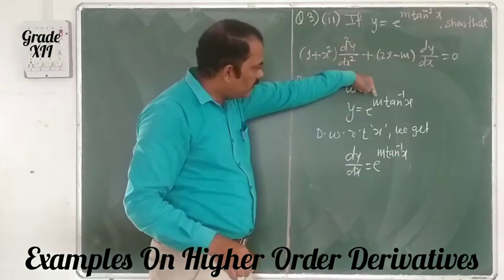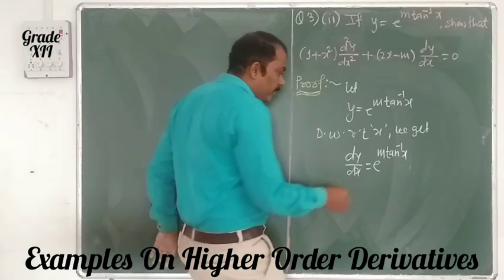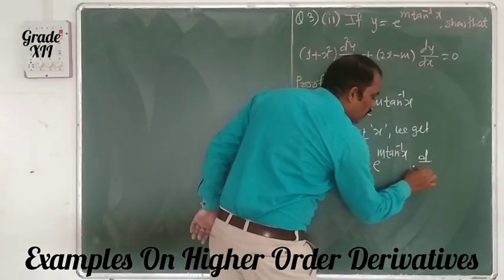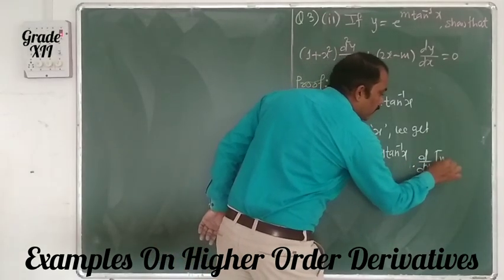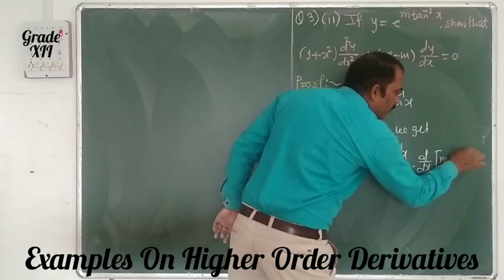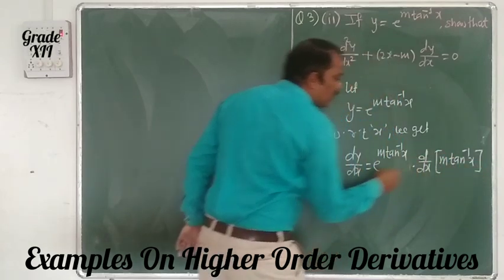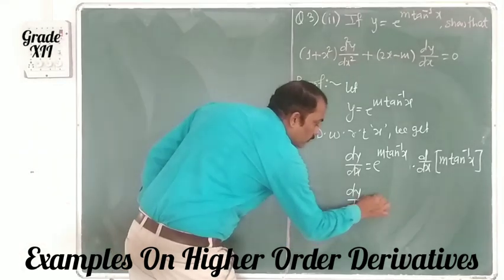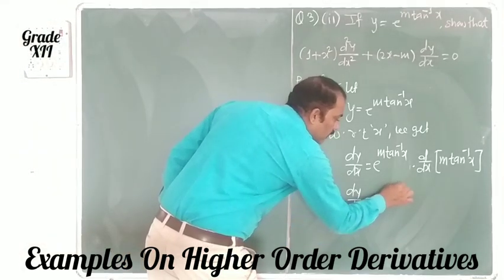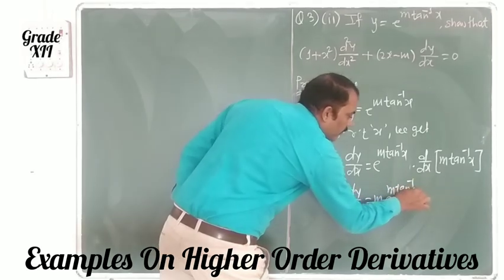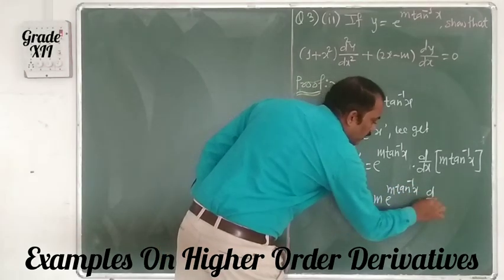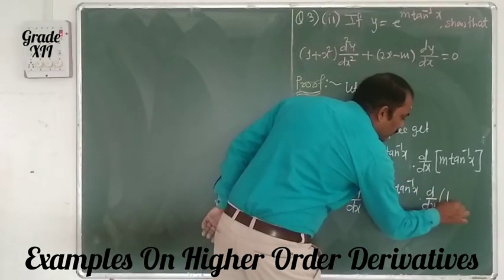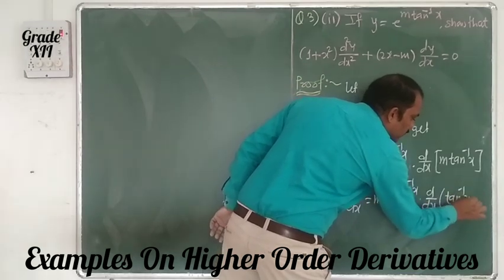After that we have to take the derivative of m into tan inverse of x. m is a constant, so we take it outside: dy by dx is equal to m into e raised to m times tan inverse of x into d dx of tan inverse of x.